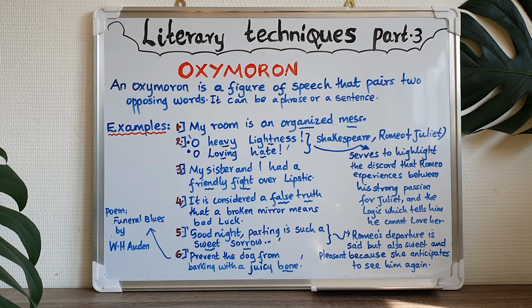And that is heavy and light. Now, usually something that's heavy, you don't expect it to be light. Something is either heavy or light. But Romeo speaks of, oh, heavy lightness.